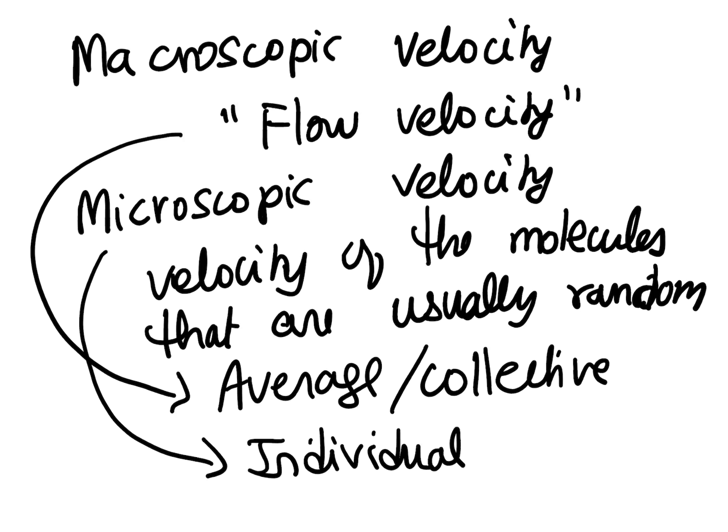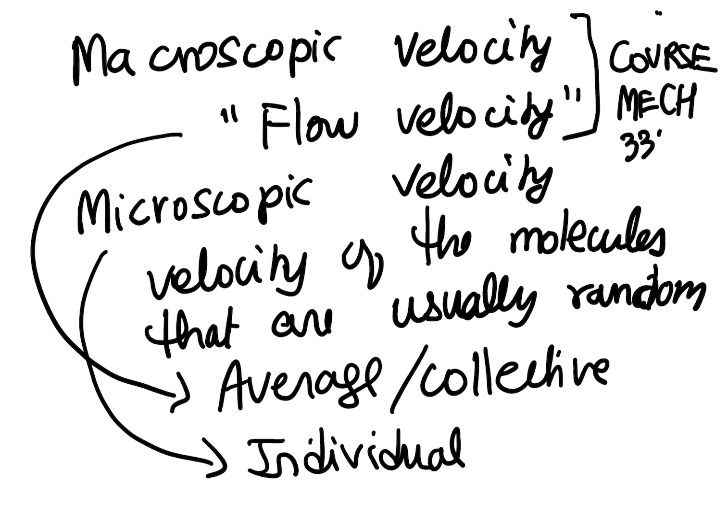In this course, we deal with only the flow velocity. We don't try to deal with the microscopic part. That's a topic for another course, maybe a future course. But in this course, we deal with only the bulk or macroscopic sense of flow velocity. So when I say the fluid is at rest, I mean V equals 0.